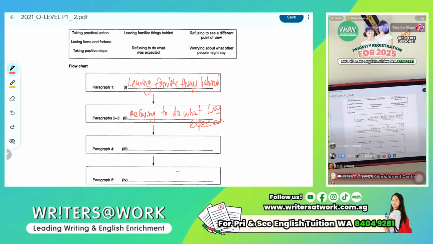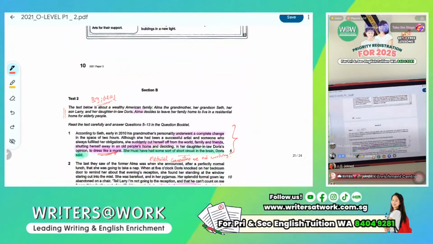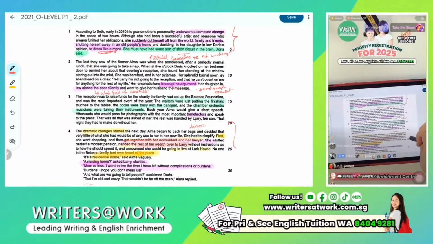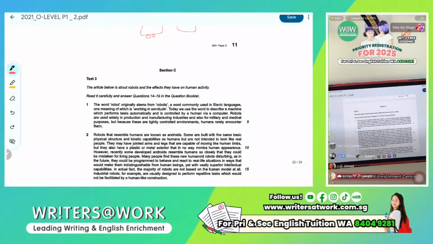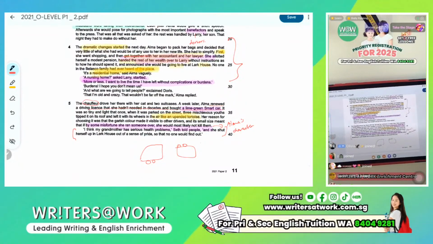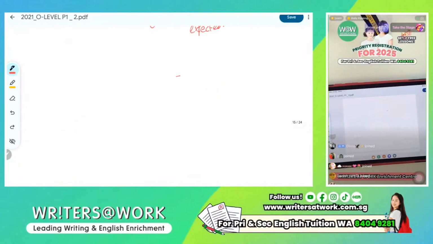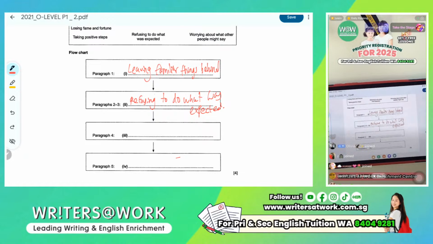Thirdly, in the fourth paragraph, we see how she was very dramatic in the way that she packed everything and she gave away her wealth. She didn't want to be remembered with the family. So this would suggest that she was losing the fame and fortune.